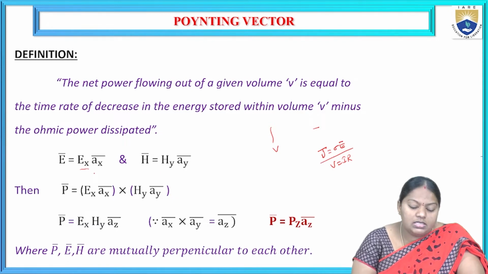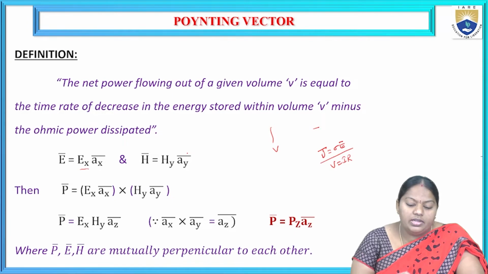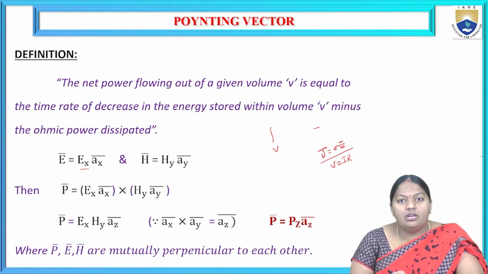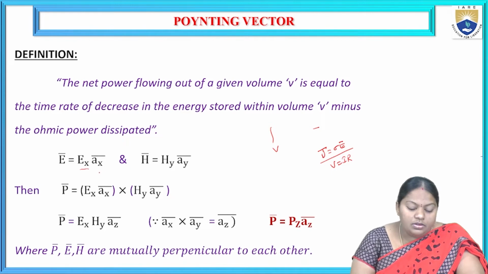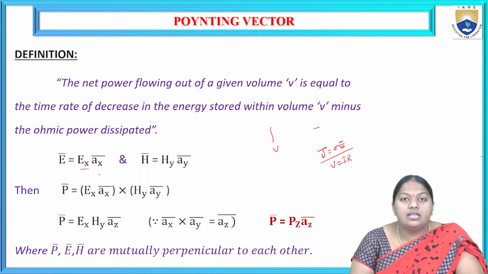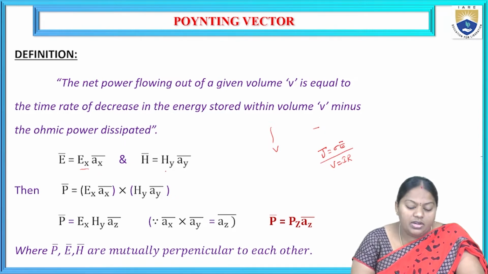Why we have considered x and y directions: just now we have seen, initially, in order to define the electromagnetic wave or uniform plane waves, we have to assume that the electric field is in the x direction and the magnetic field is in the y direction. Right? So E bar equal to Ex into Ax bar and H bar equal to Hy into Ay bar.